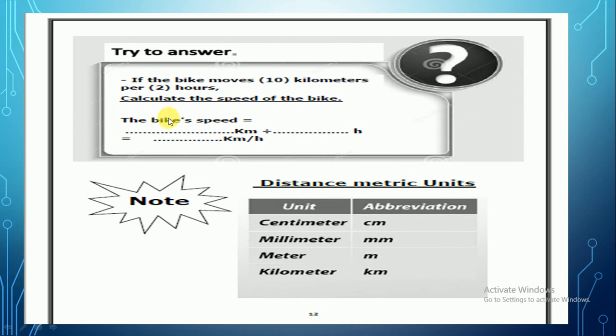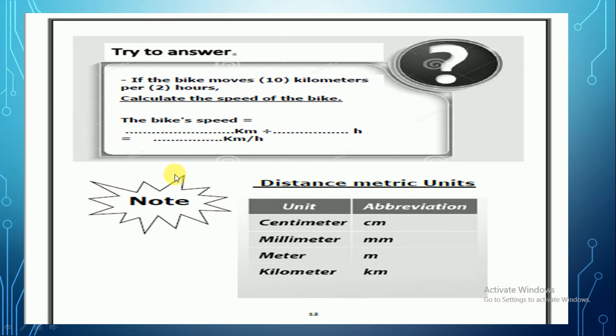First, the bike's speed equals 10 kilometers divided by 2 hours. So we write here 10 and write here 2. It will give me 5 kilometers per hour. Good job, guys. 5 kilometers per hour.